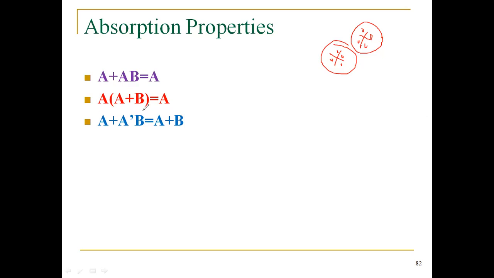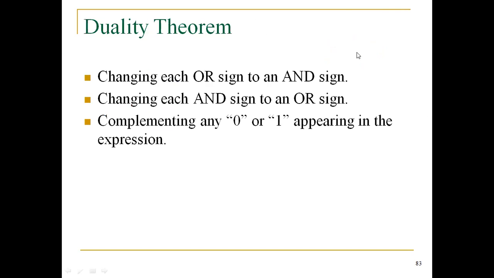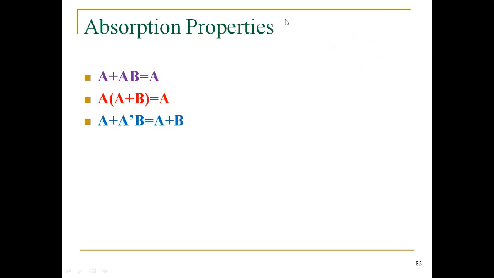Then A into A plus B equals A, and A plus A bar B equals A plus B. So these are all the important properties. You can justify them in a very simple manner, either with a truth table or some other way.